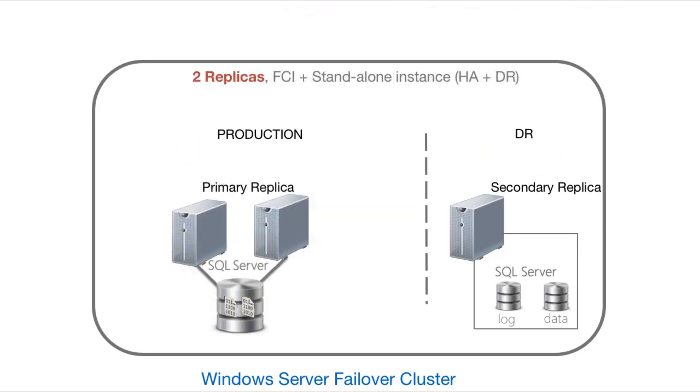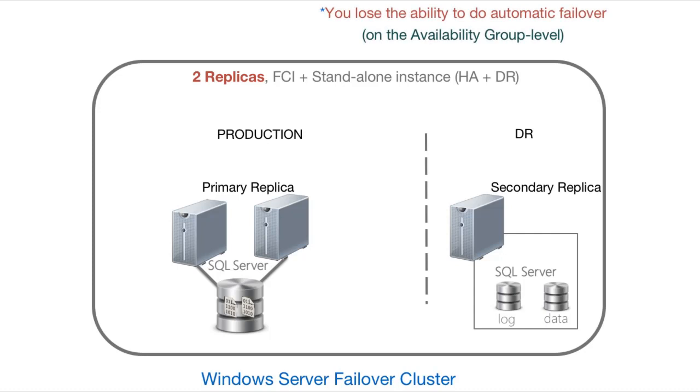Let's look at a different topology where you have a 2 replica. In this case, one replica is a failover clustered instance, and the other replica is a standalone instance. This covers both high availability and disaster recovery.